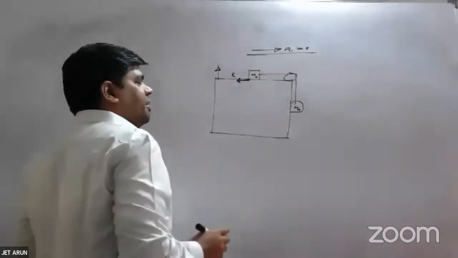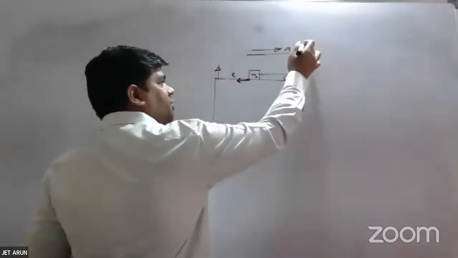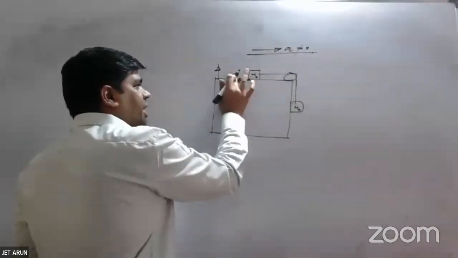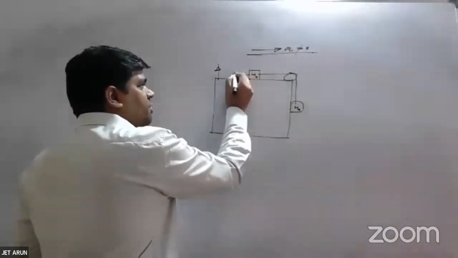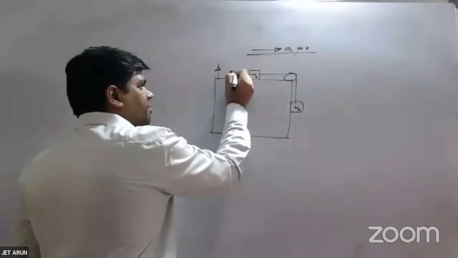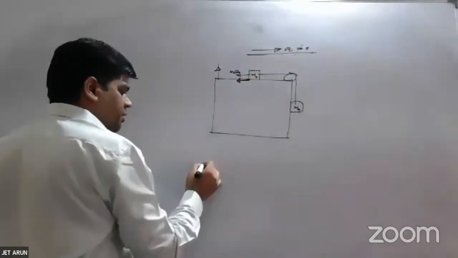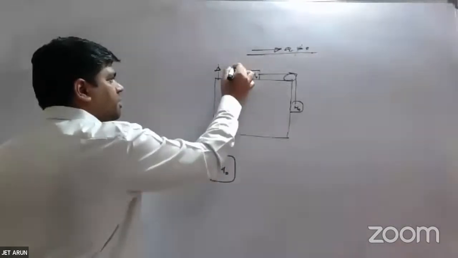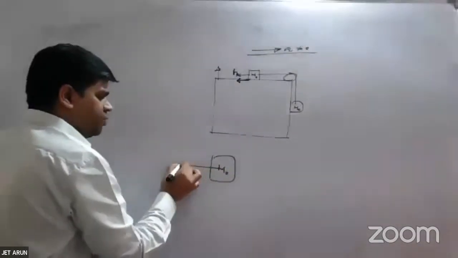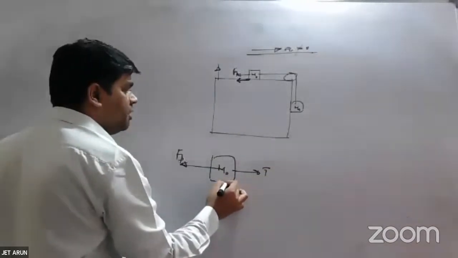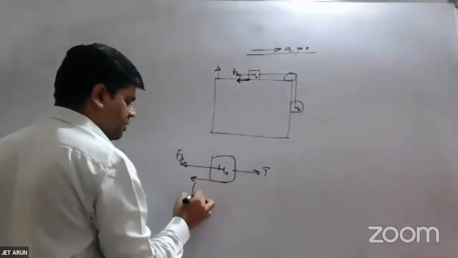Okay, look at this now. If acceleration is non-zero, it's accelerating towards right. With respect to this frame, I'll have an additional force, a pseudo force Fp, ma towards left. So on this block, m naught, I'll have a pseudo force Fp, tension this way, friction this way.